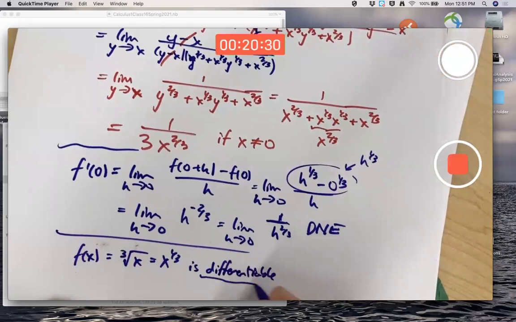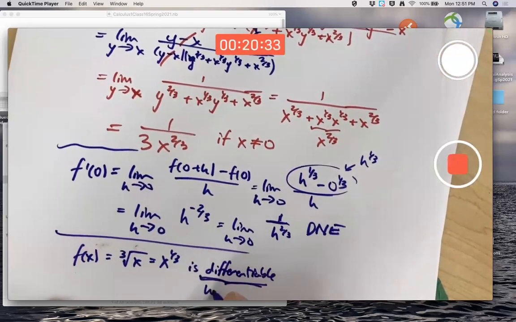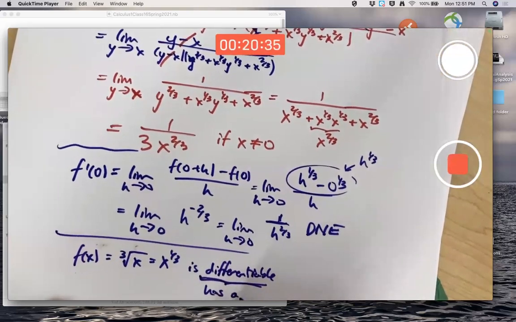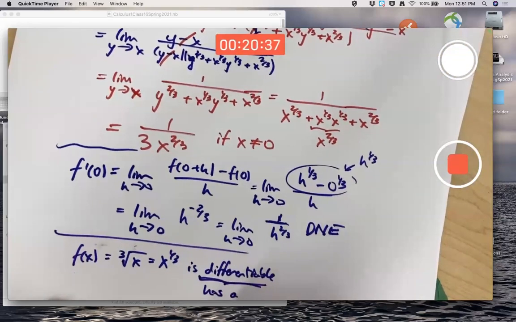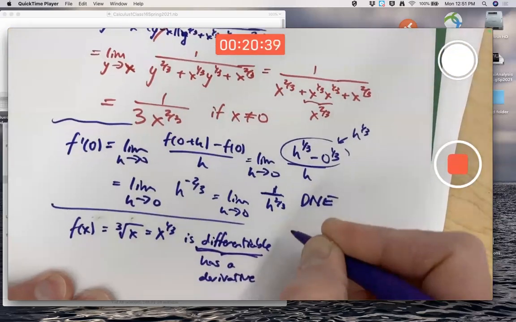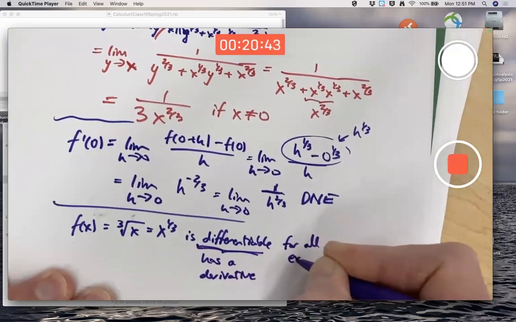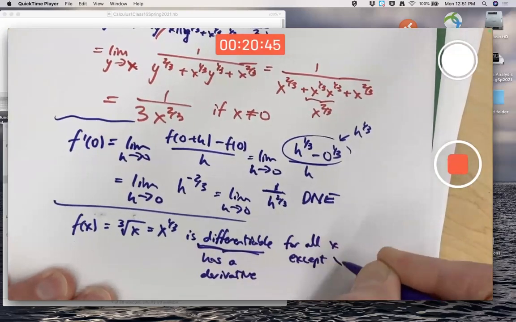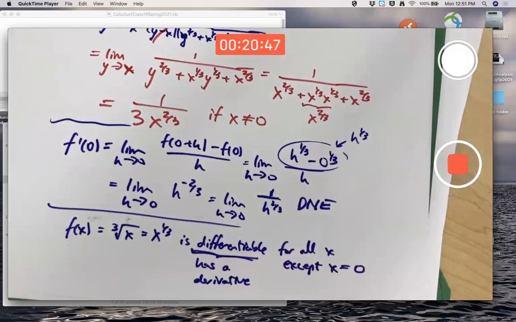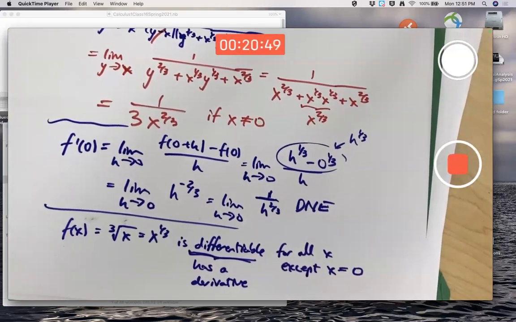Differentiable means has a derivative. You can differentiate it to get a number for all x except x equals 0. It's continuous at 0, but it fails to be differentiable there.